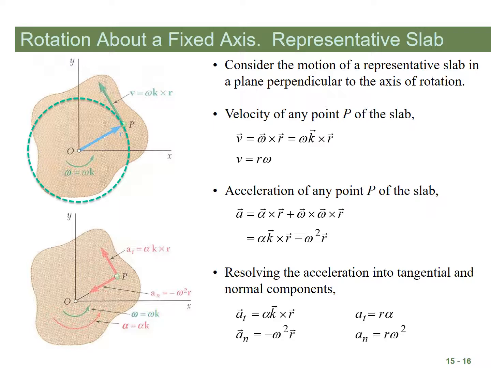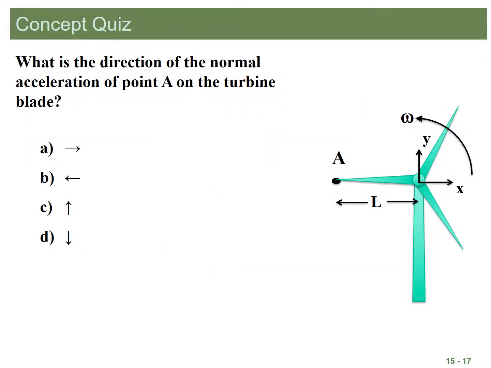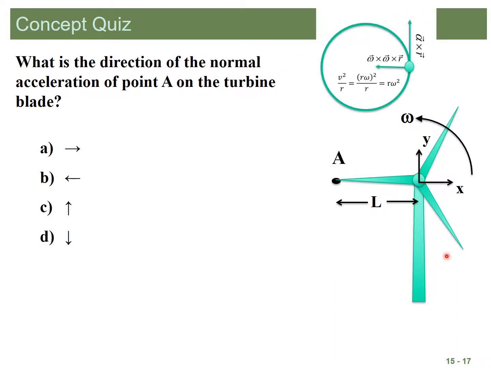Okay, let's go through a couple of examples here, and then maybe this stuff will make a little bit more sense. What is the direction of the normal acceleration of point A on the turbine blade? We're not looking for the entire acceleration here, we're just looking for the normal piece of it. Remember which one the normal piece is?